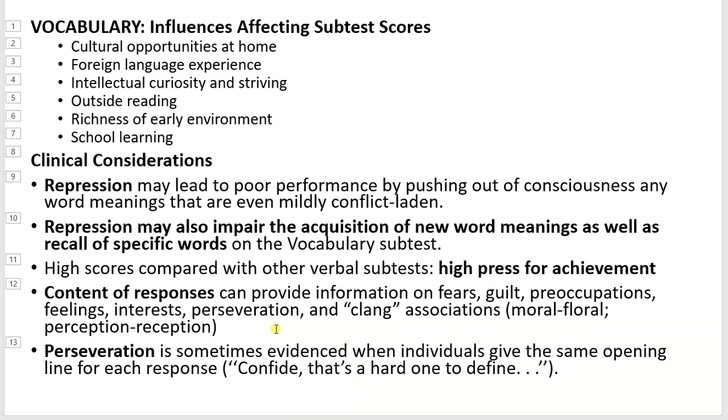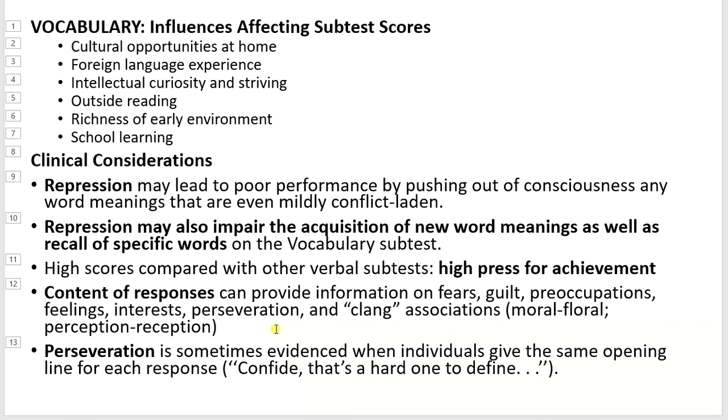How? By pushing out of consciousness any word meanings that are even mildly conflict laden. So if there is any hidden unconscious, subconscious conflict with the word, then the individual may show repression, and that repression will result in such responses which will get a score of 1 or 0.